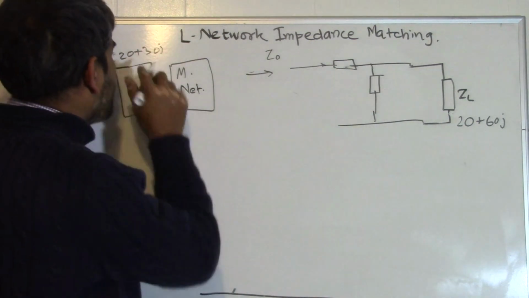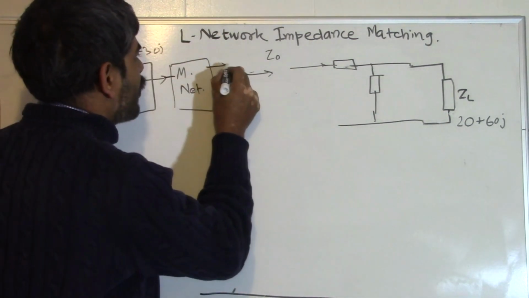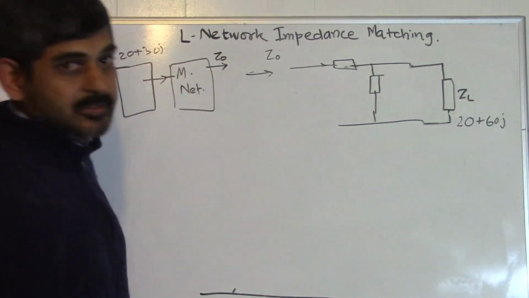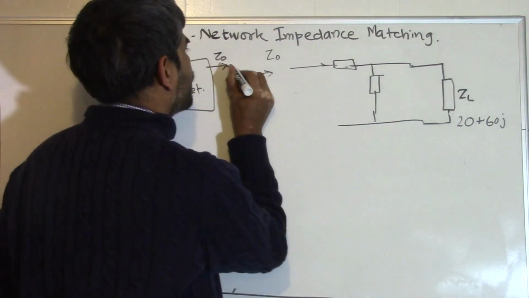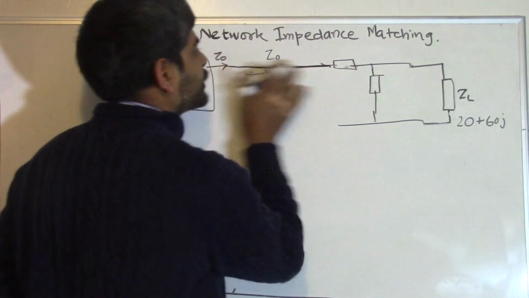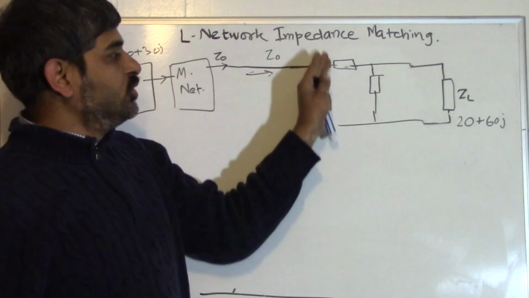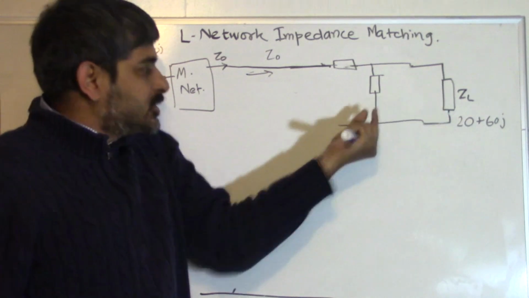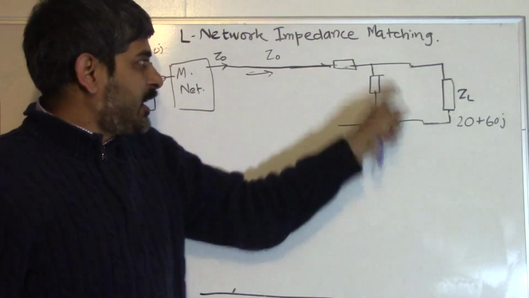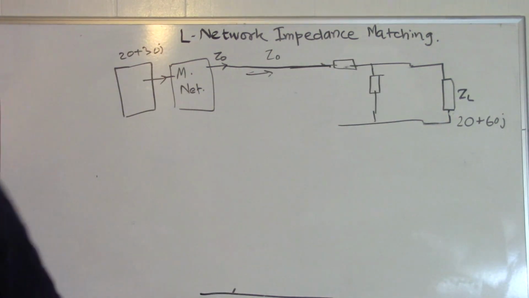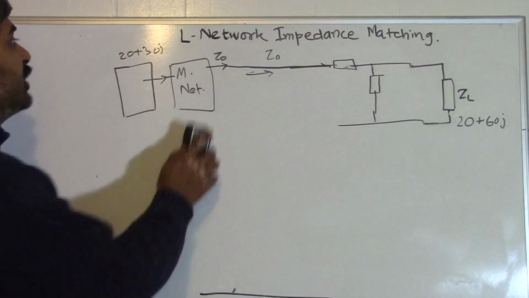This matching network will eventually transform it to the Z0 impedance, and then we have a coaxial cable, which could be a long coaxial cable going right from this matching network to our load, and just before the load we introduce another matching network. So this is how it is done in real circuits.